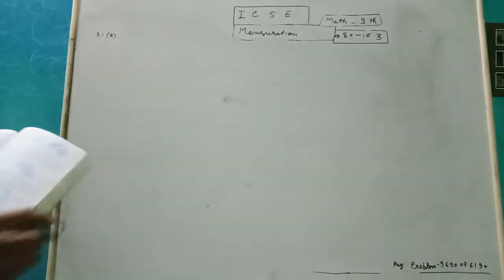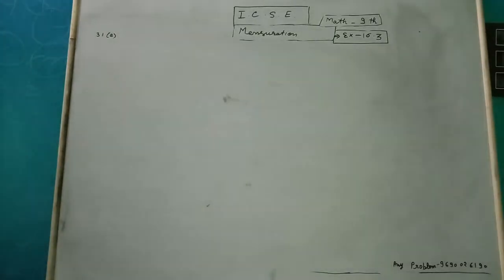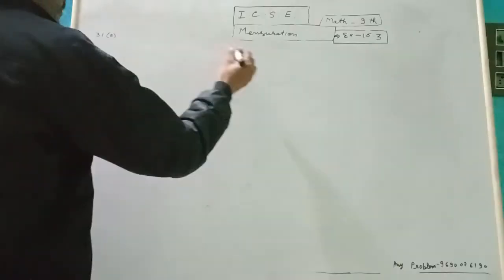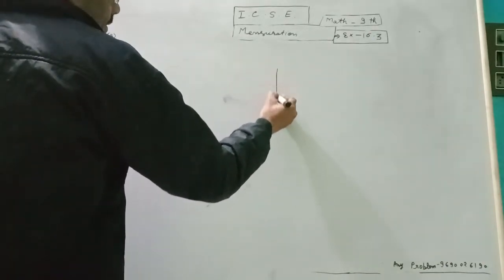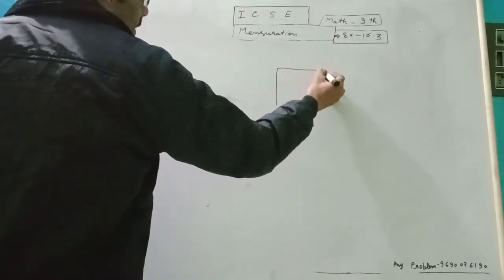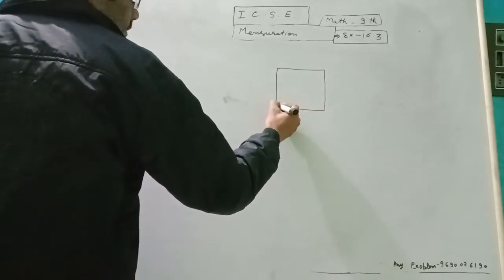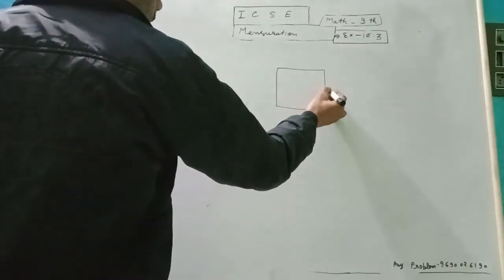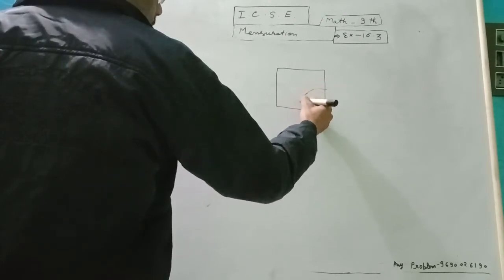A part is given the figure ABCD, a square, with four circles.